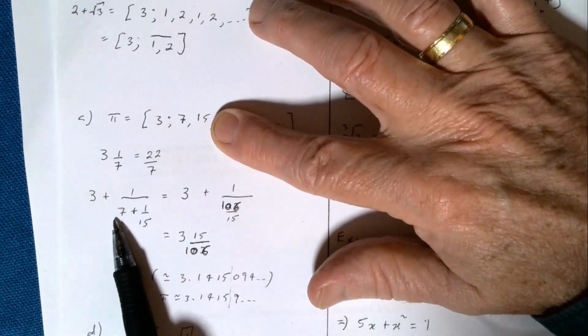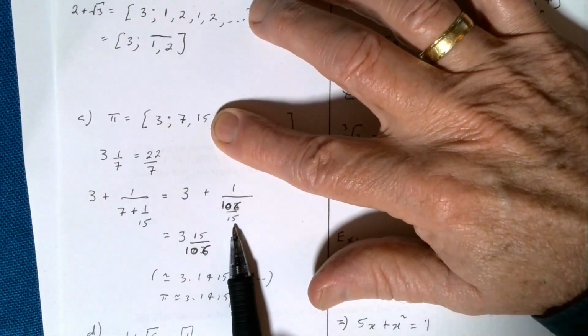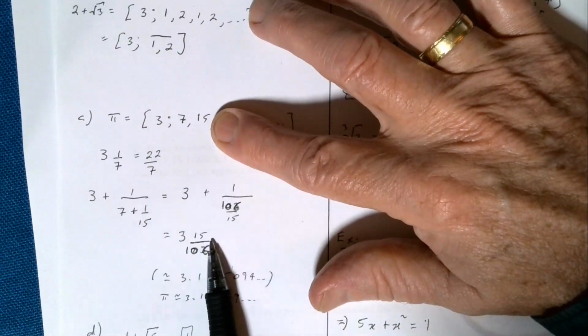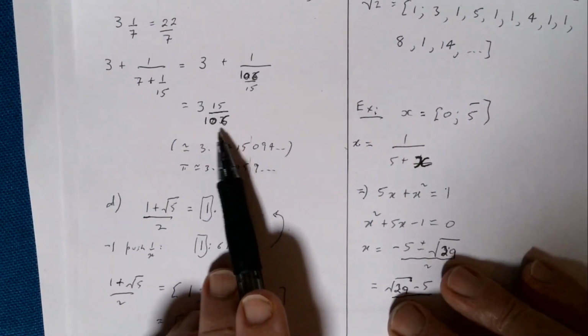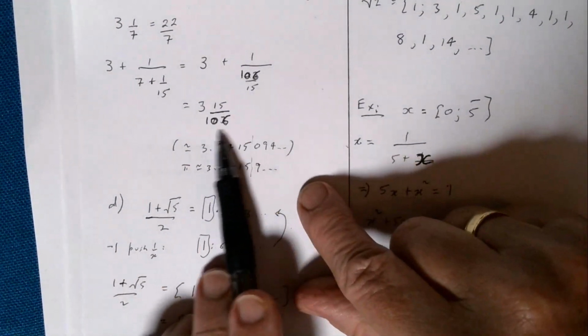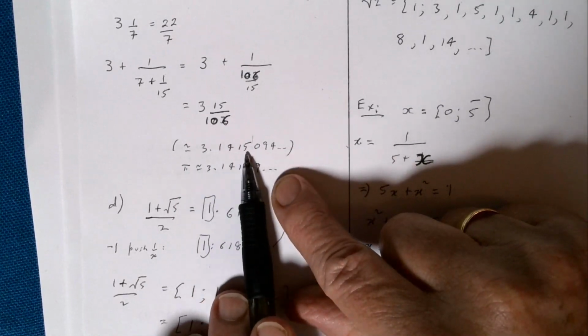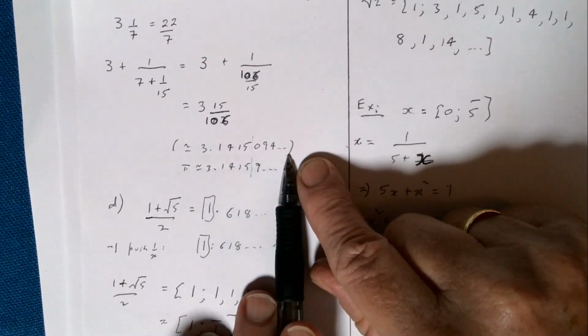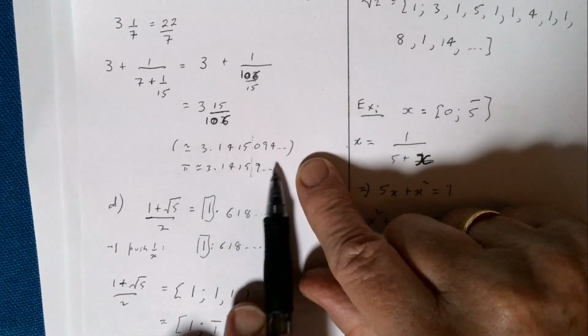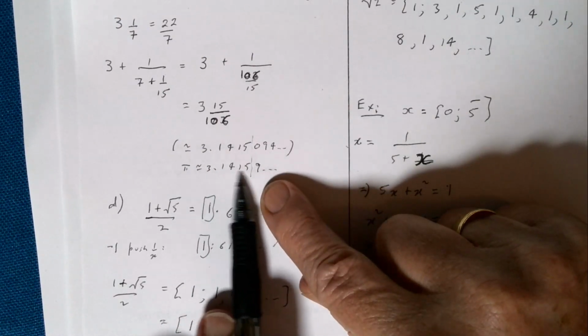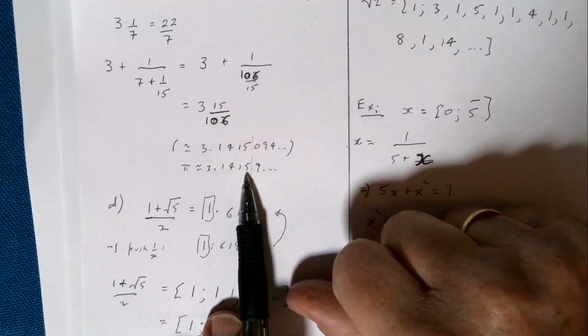Add these together, you get 106 on 15. Turn it upside down, you get 15 on 106. So there's another approximation to pi. By the way, as a decimal, it's 3.1415, and then it goes 09, and so on. Pi is 3.141592, so it agrees with pi to 4 decimal places.